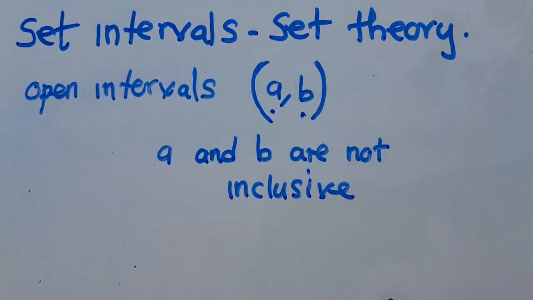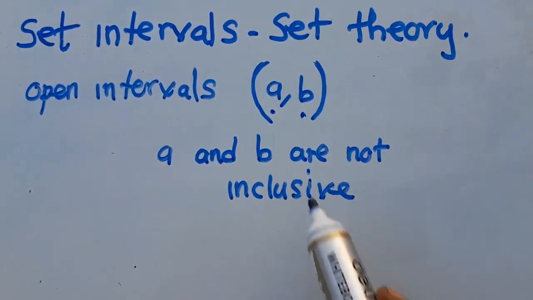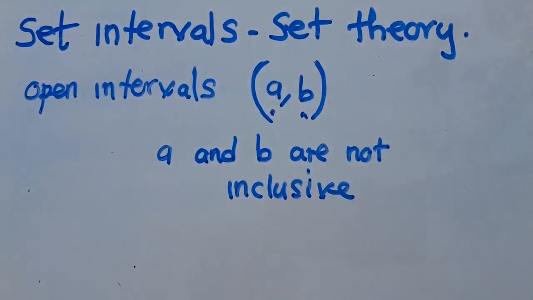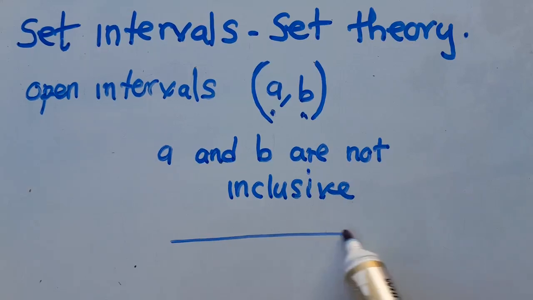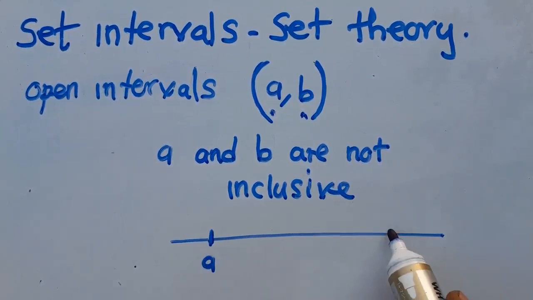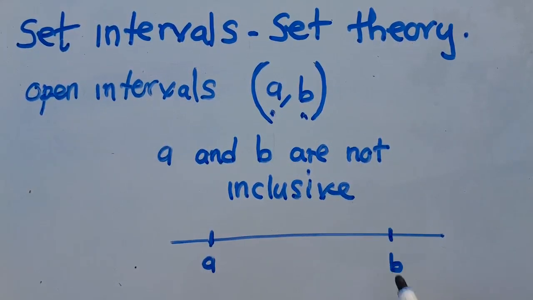Whenever you see something written in this format, just know that A and B are not inclusive. This can also be written on a number line like this. Let's say this is where the A is, and this is where the B is. How do we show that both of them are not inclusive?